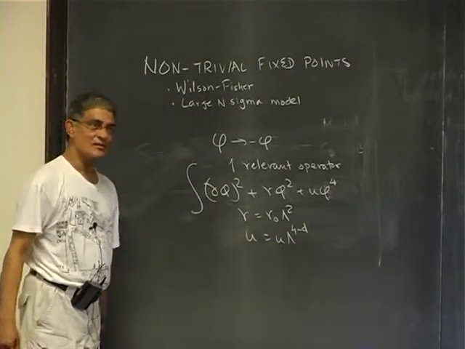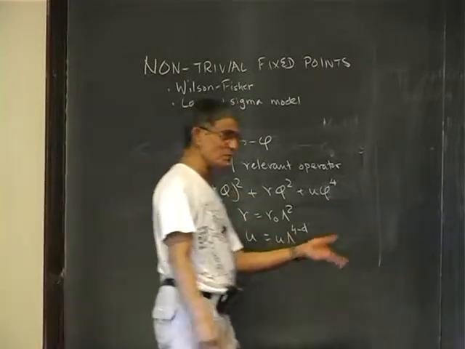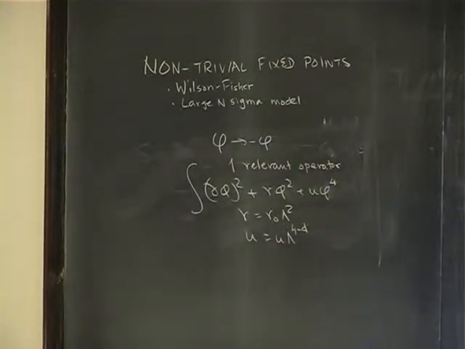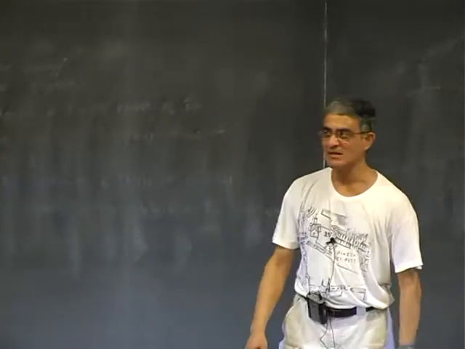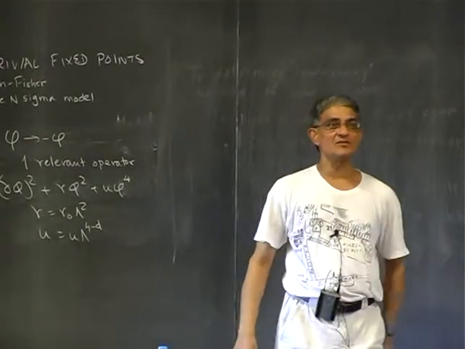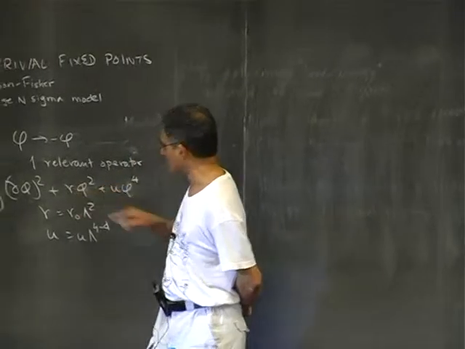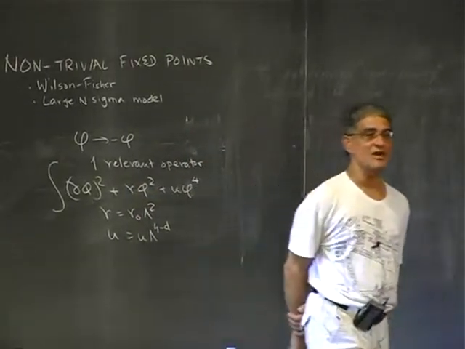And we noted that even though this theory had been successfully and brilliantly used by Landau to obtain the first notions of the physics of critical phenomena, it obviously seems to be wrong in at least d equal to 3, because this operator phi to the 4, this coupling u, doesn't seem to be a relevant operator.